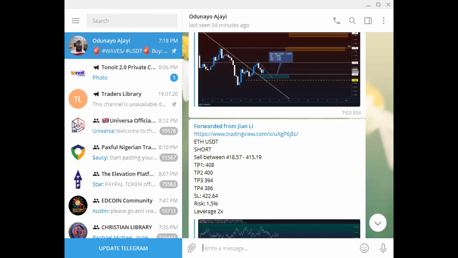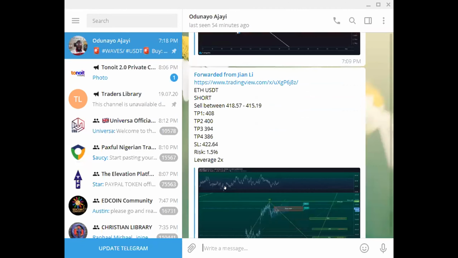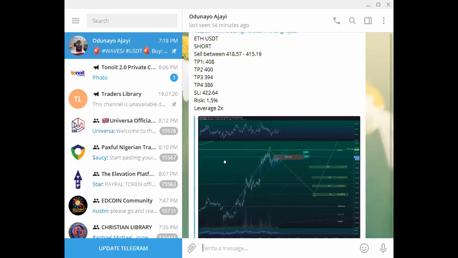And we should take profit one at 408, take profit two at 400, take profit three at 394, and take profit four at 386. While your stop loss should be 422.64 with a risk of 1.5%, and your leverage should be 2X.